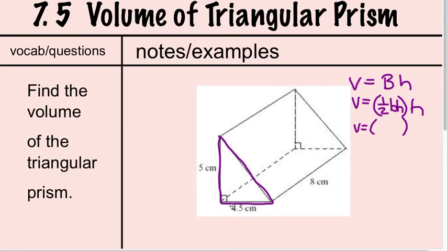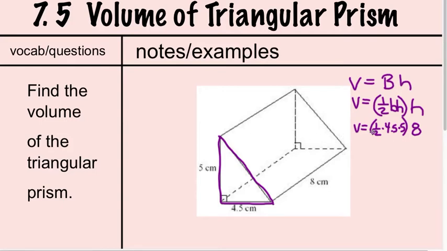Just the triangle has a base of 4.5, so I want 1/2 times 4.5 times the height of this triangle. The height of this triangle is 5, so times 5. Then I need to take this times the height of the entire triangular prism. If I was to stand this upright on its end, the height would be 8.